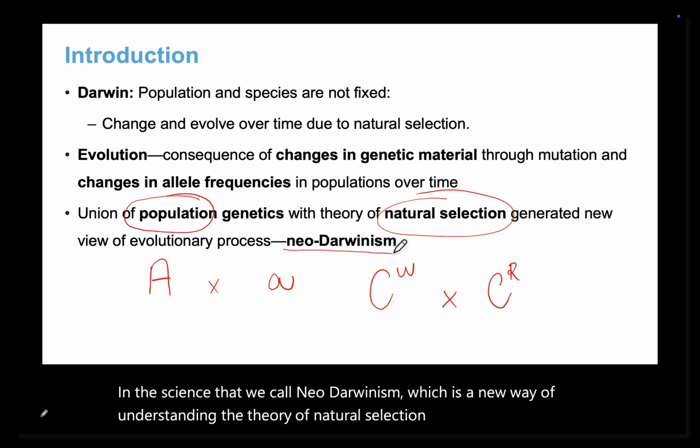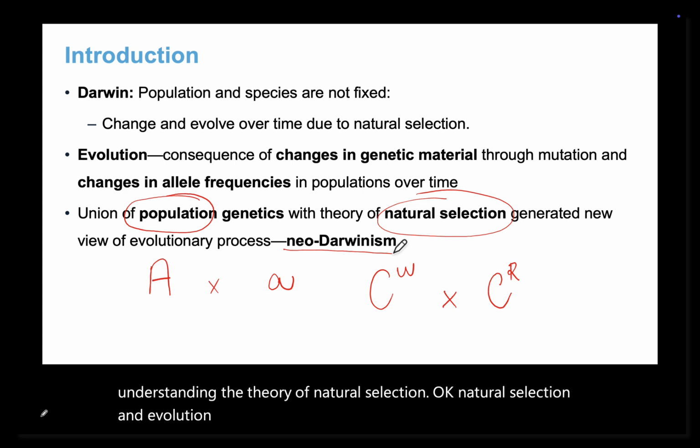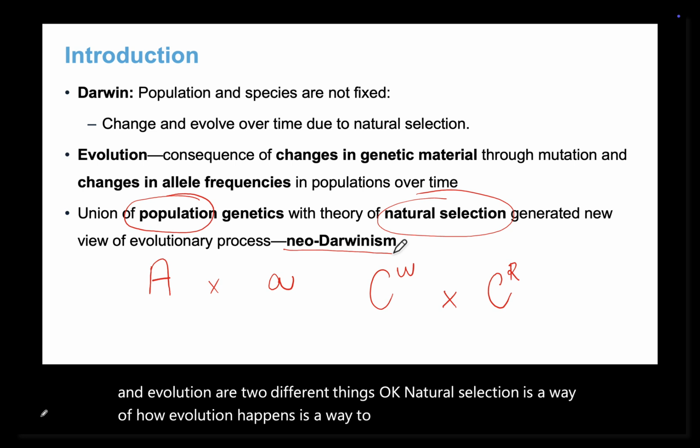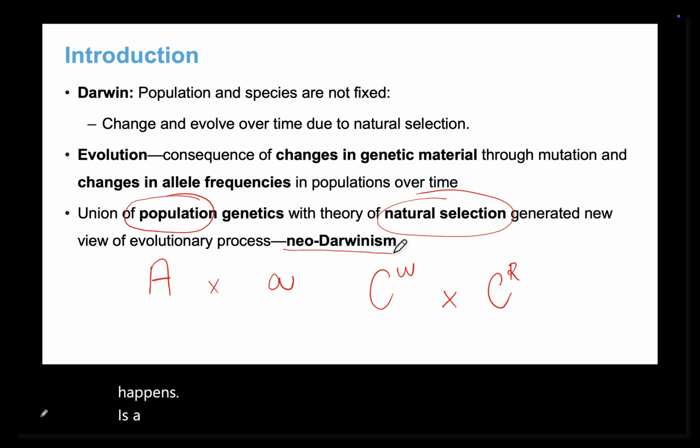Okay? Natural selection and evolution are 2 different things. Okay? Natural selection is a way to explain how evolution happens. Evolution is a theory on its own.